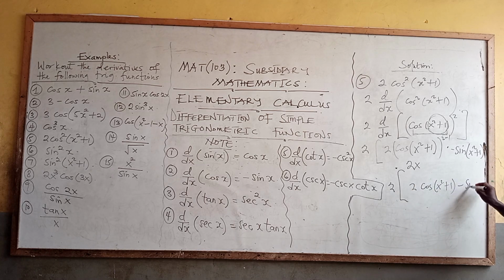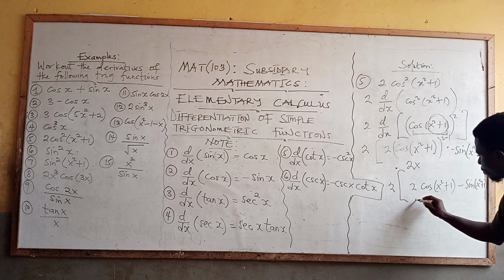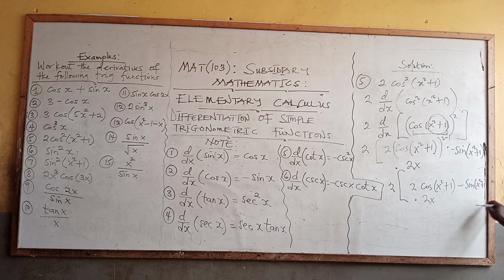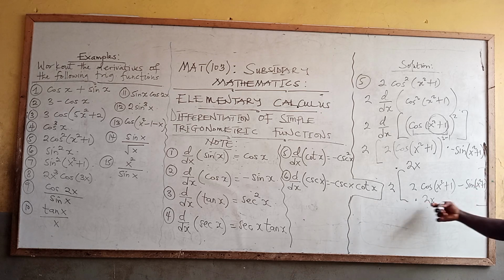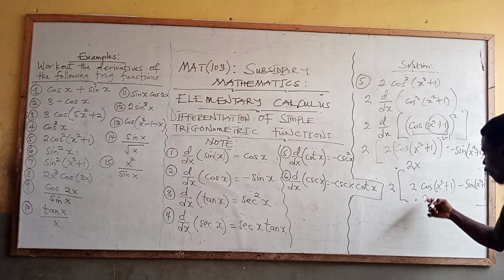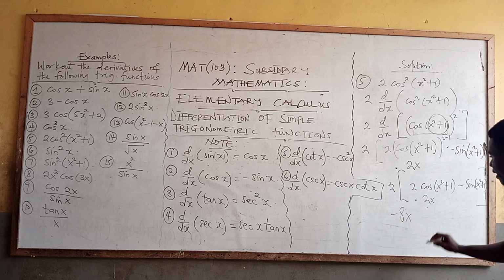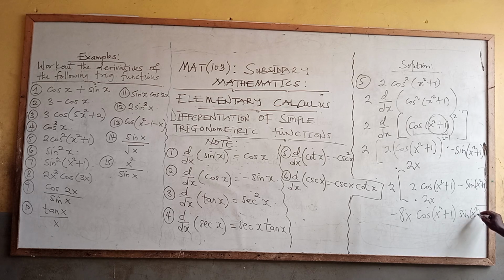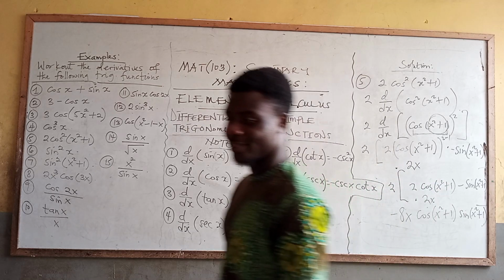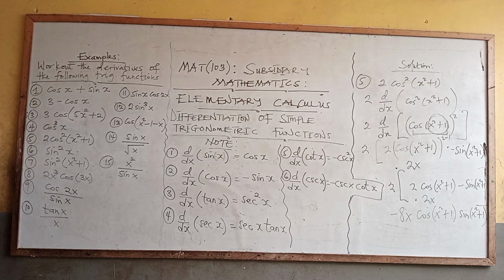Then I have my negative sine x squared plus 1. Then times our 2x. So now let's see. 2 times 2 we obtain 4. Then 4 times 2 we obtain 8x. Then our negative here, cos x squared plus 1, then sine x squared plus 1. That's the answer.